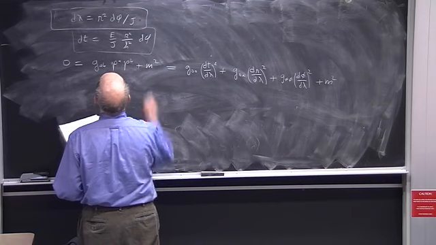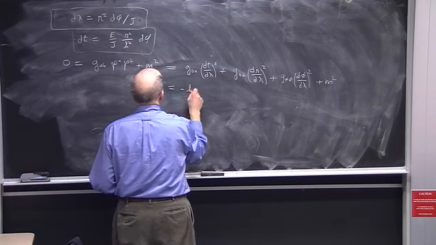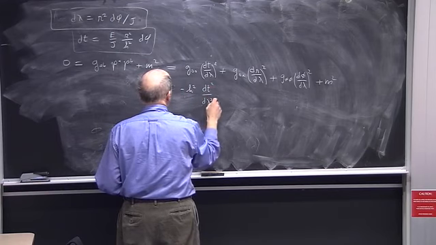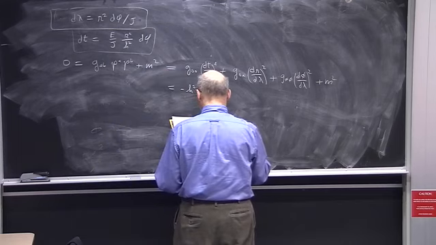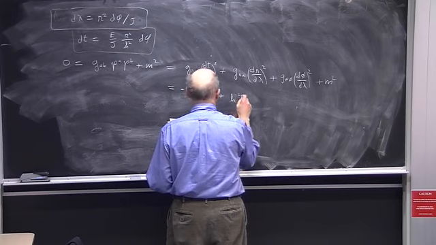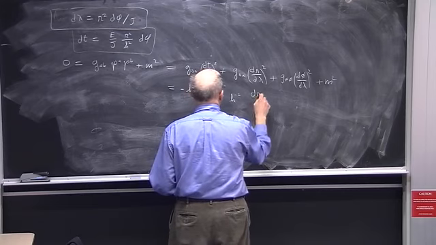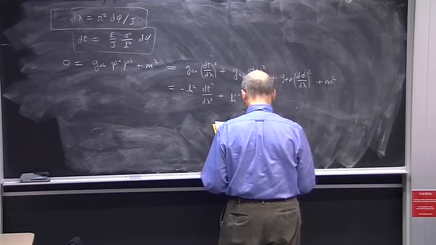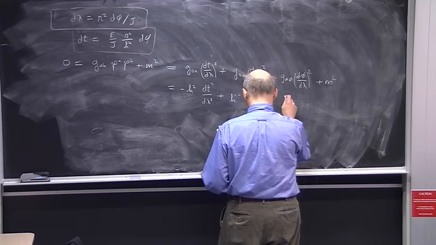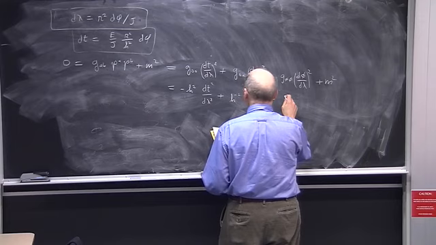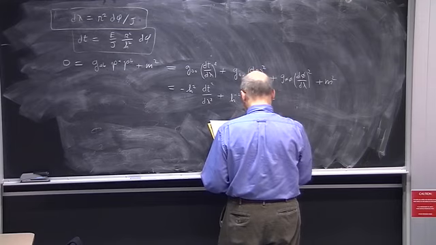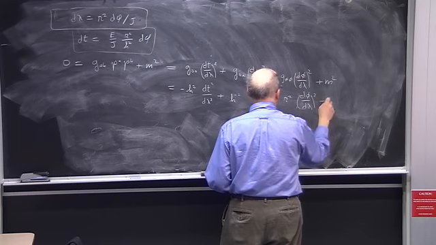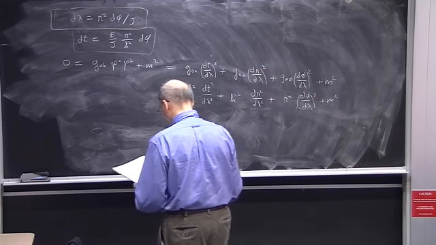Now we look back at the metric. G00 is minus h squared, so minus h squared (dt over d lambda) squared, plus 1 over, let's call it h to the minus 2, (dr over d lambda) squared, plus g phi phi, which was r squared, (d phi d lambda) squared, plus m squared.